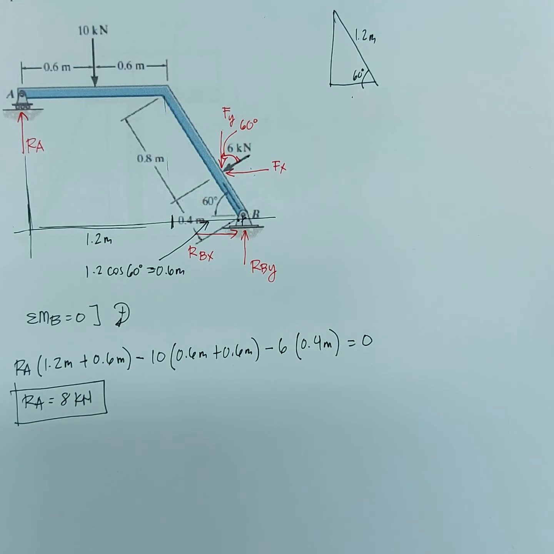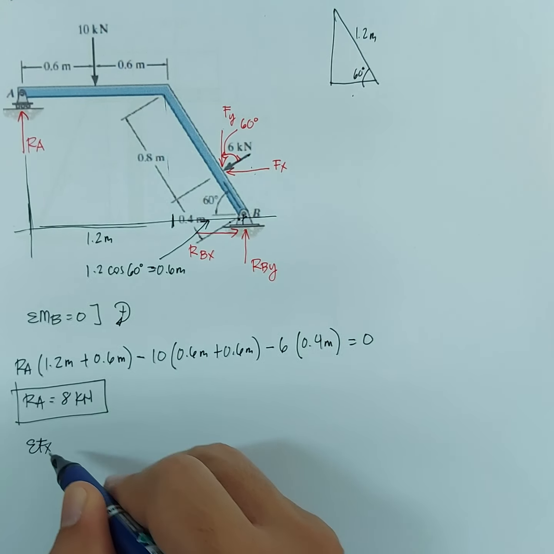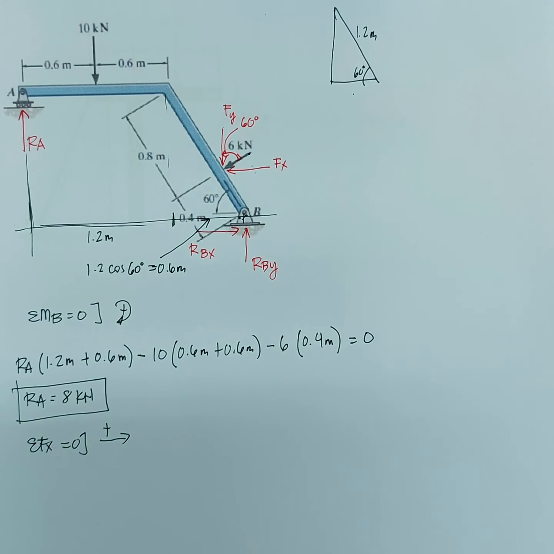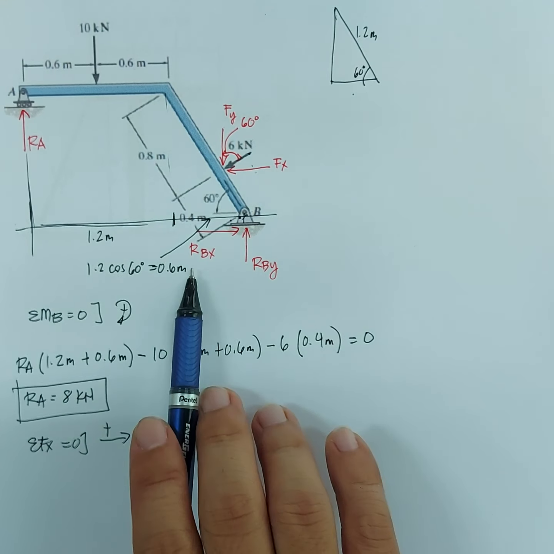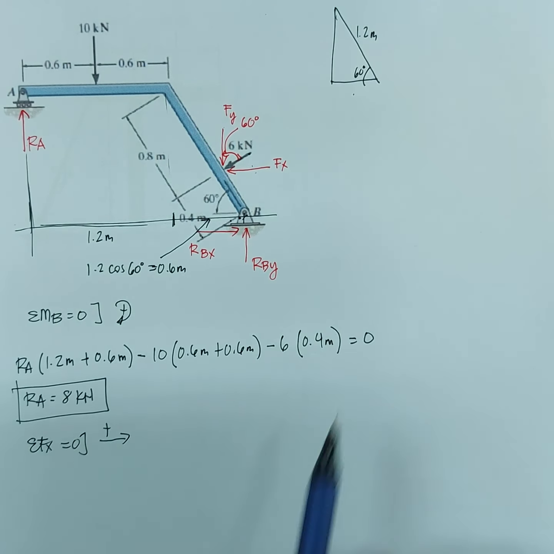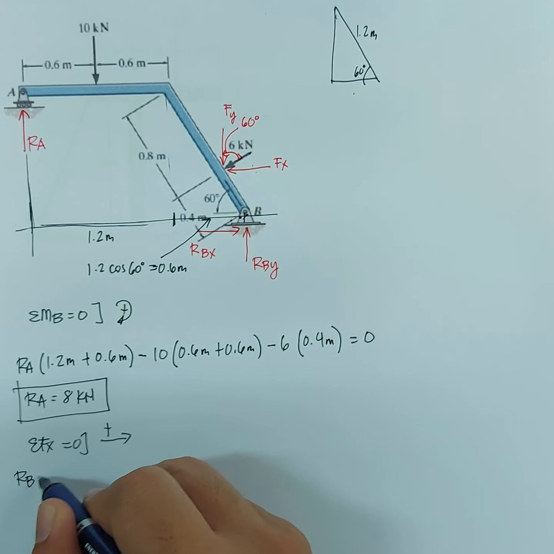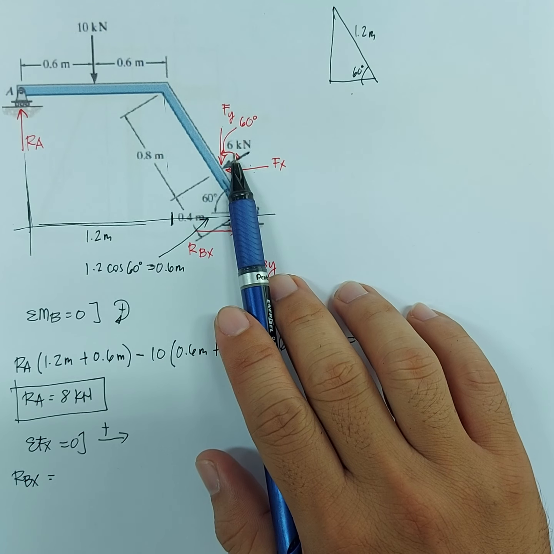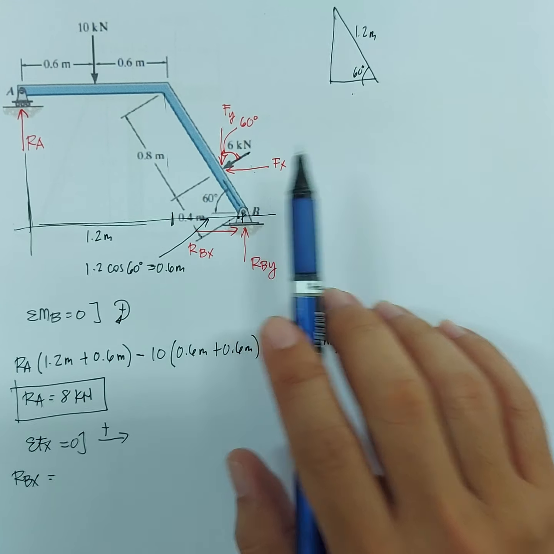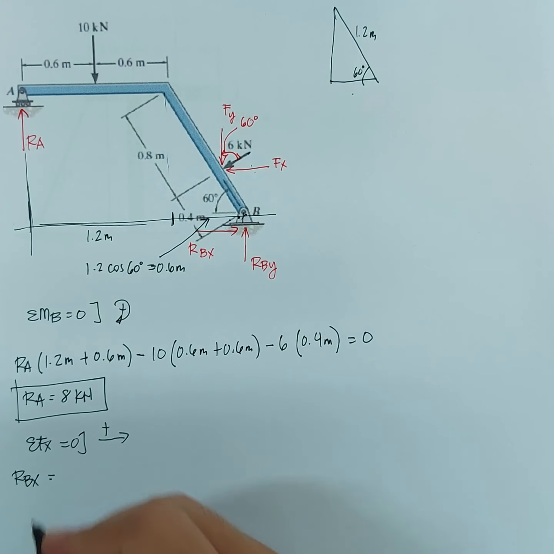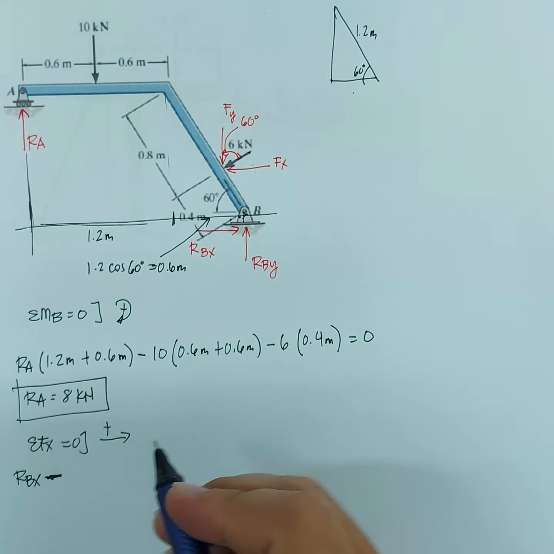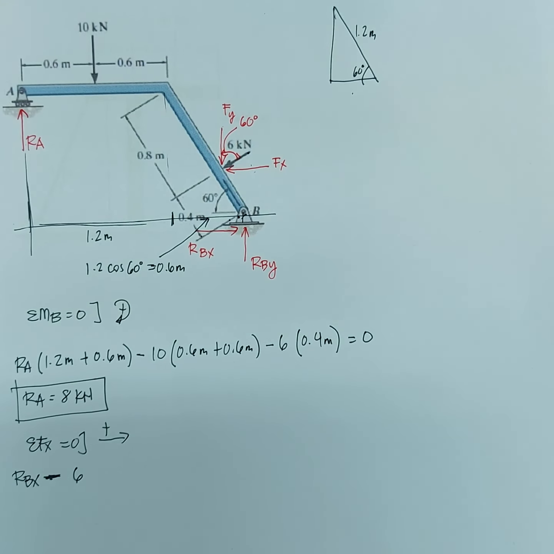So, we can use the other two conditions. So, summation of forces along x-axis is equal to 0. Forces to the right are positive. So, we have assumed RBX to be directed to the right. So, positive yung RBX natin. And Fx here, yung component ng 6 kilonewton force along the x-axis is directed to the left. So, minus dapat yan. Fx, which is 6 sine of 60.